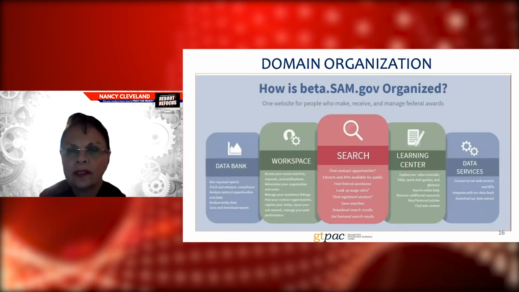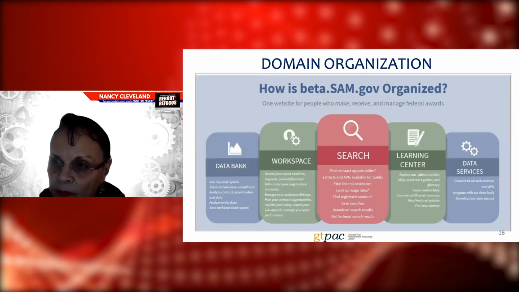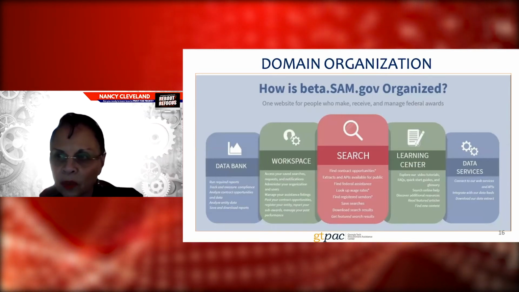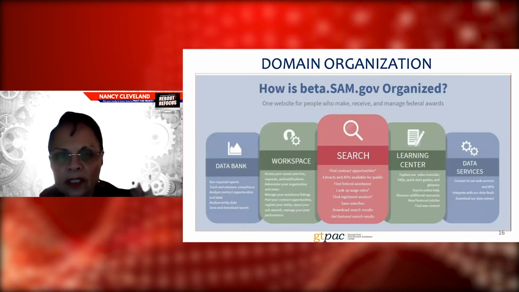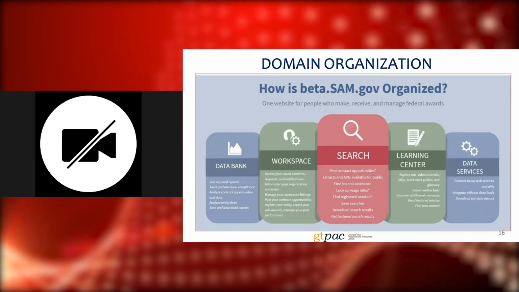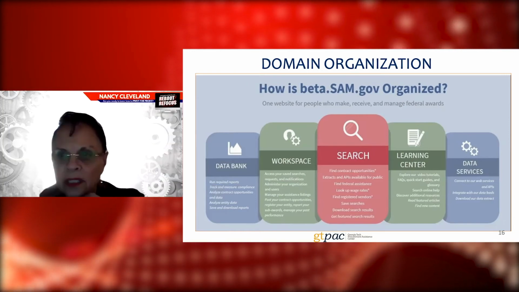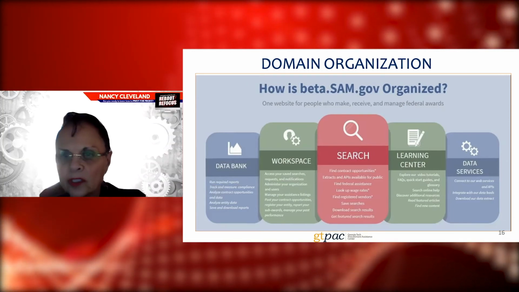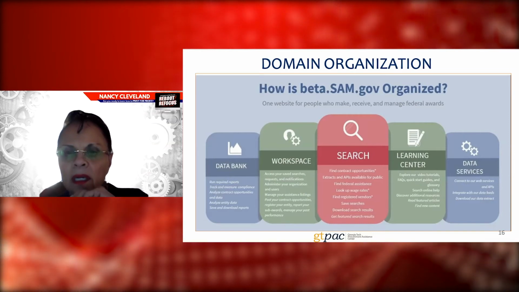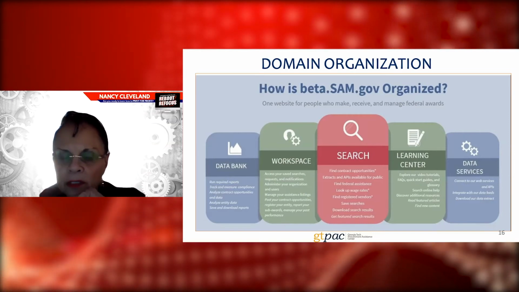Beta.SAM.gov is currently organized this way. So in each of those domains or data sets, you will see a similar pattern. You'll see a search feature, the data bank feature, the data services feature, which allows you to interact with other agencies, and the learning center.